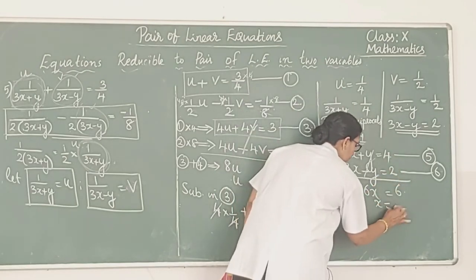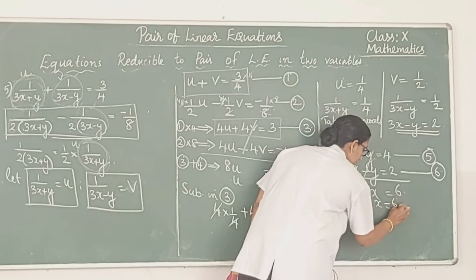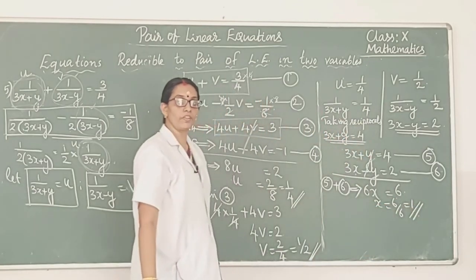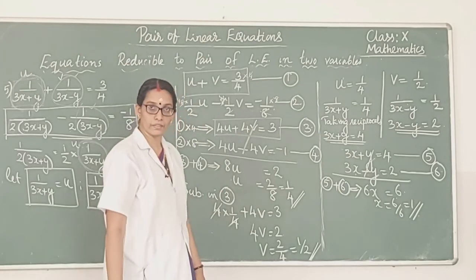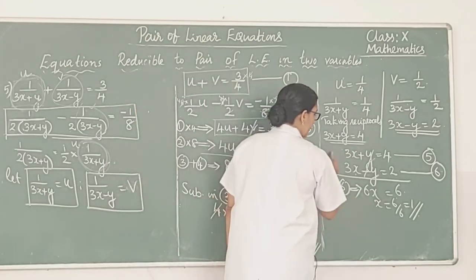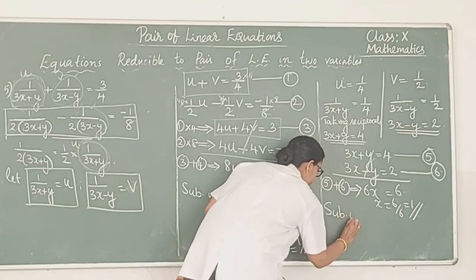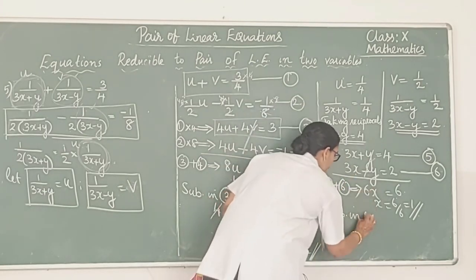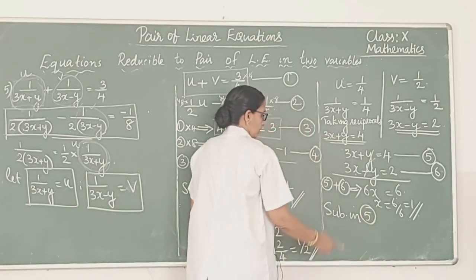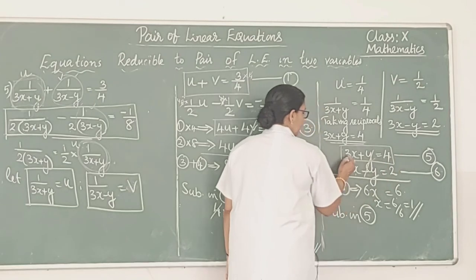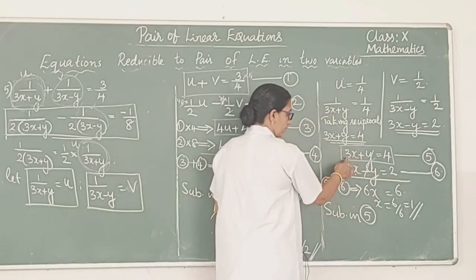So x equal to 6 by 6. What is it? 1. Now how will you get value of y? We have to substitute in any equation. Now substitute in equation 5. It is 3x plus y, this equation 5. 3 into 1, isn't it?